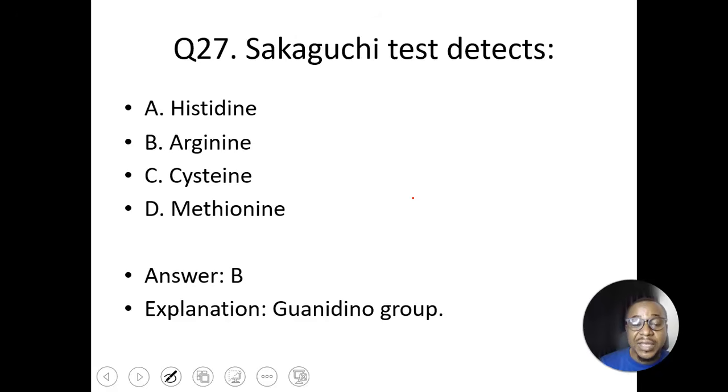Now, the Sakaguchi test is for the guanidino group of arginine.